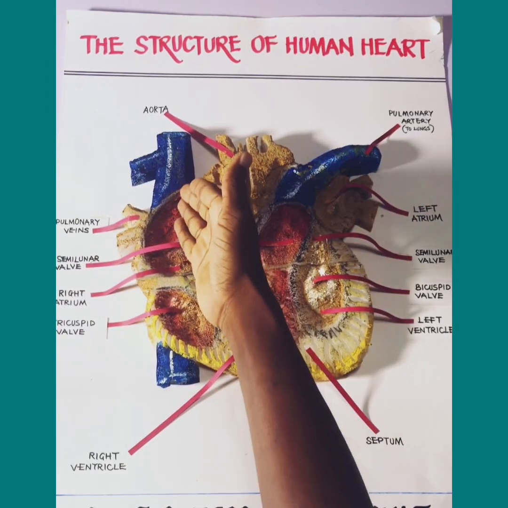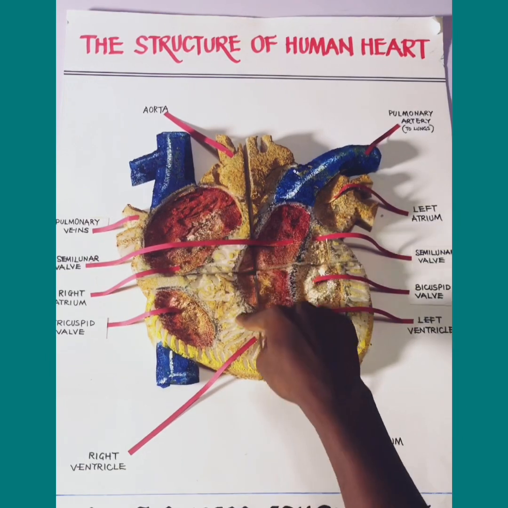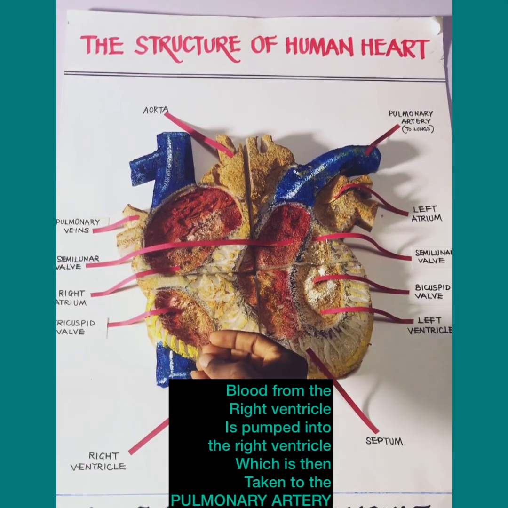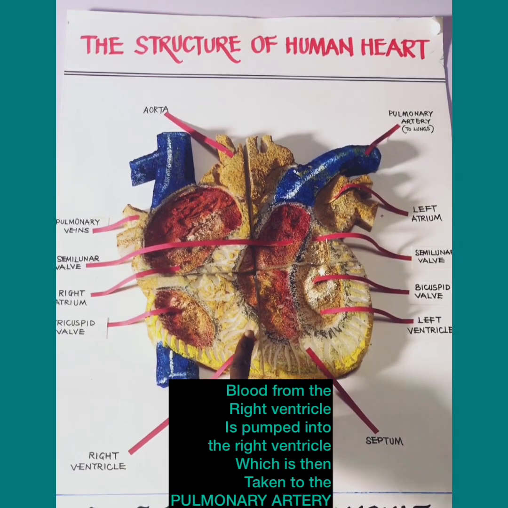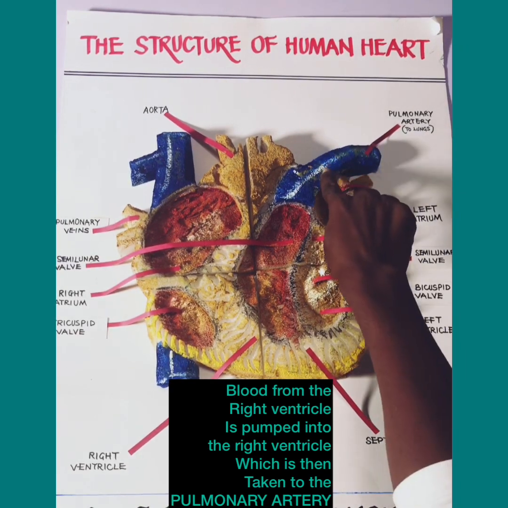So the blood from the right atrium finds its way, when the heart contracts, into this place known as the right ventricle. Now, as the blood enters this right ventricle, there is going to be contraction again, and the blood is forced directly from this right ventricle into this place known as the pulmonary artery.